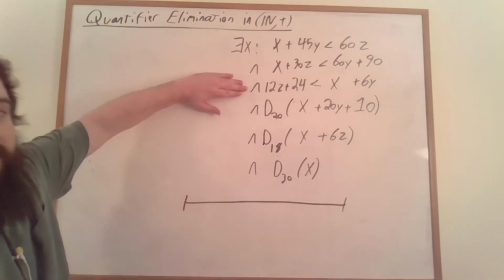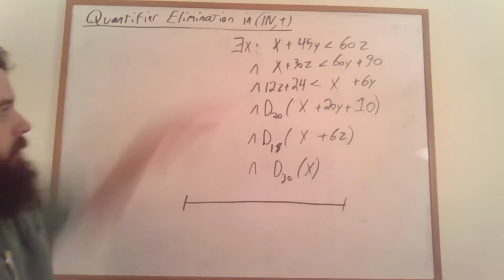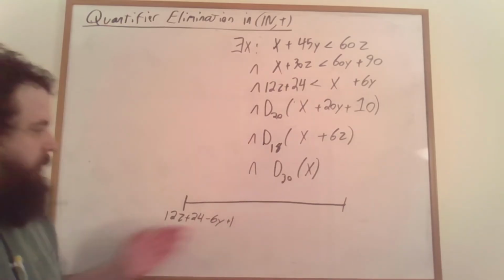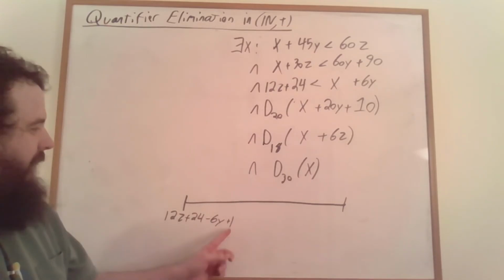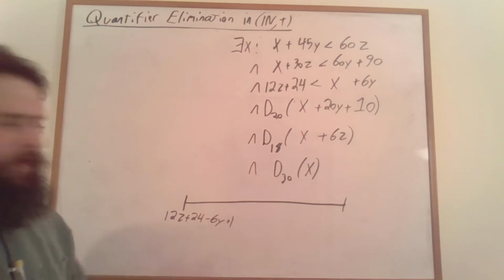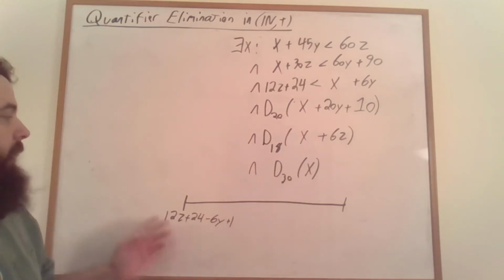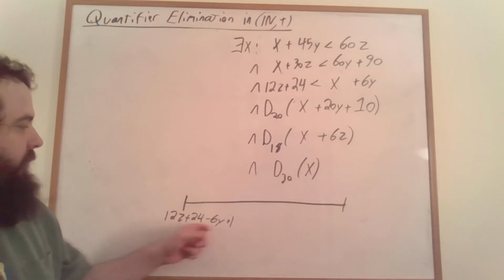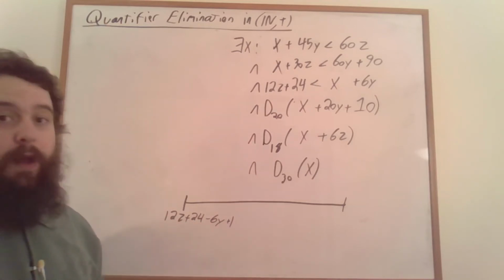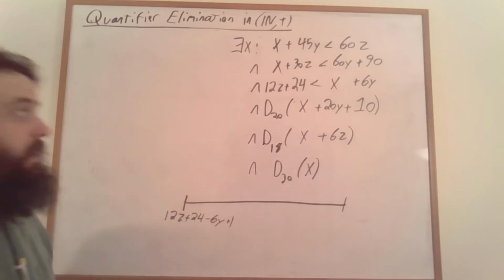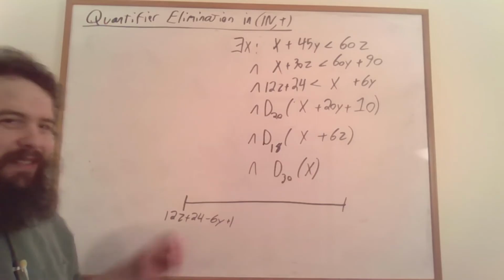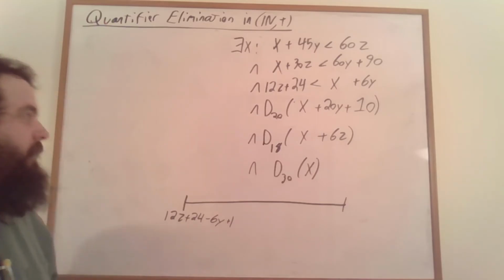This inequality here gives us a lower bound. I guess if we want to include the lower bound, we have to add in a +1. That's fine. But we know that x has to be at least 12z plus 24 minus 6y plus 1 from this inequality here. Of course, we didn't have subtraction in our language, but let's not worry about that yet.